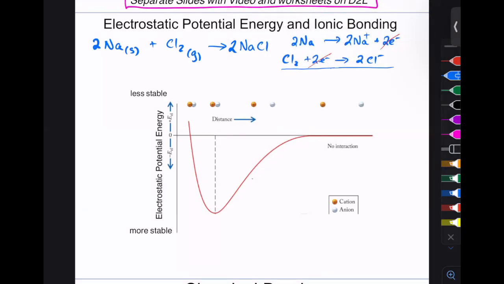We've got 2 sodiums plus 1 Cl2 will give us 2 sodium cations and 2 chloride anions. And of course, if I merge them together in an ionic bond to form sodium chloride, we have the reaction that we started with. I just split it up into the 2 parts.